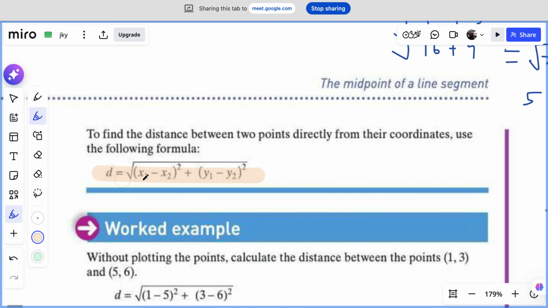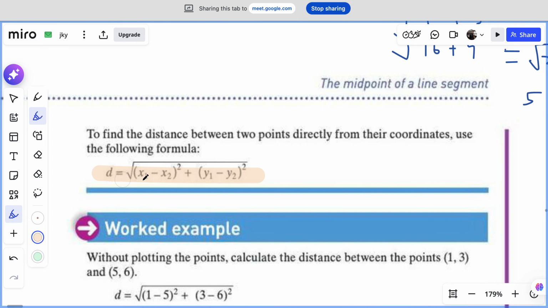We get 3. 3 squared will give us 9, right? Then you put your square root. So 16 plus 9 will give us 25, and the square root of 25.